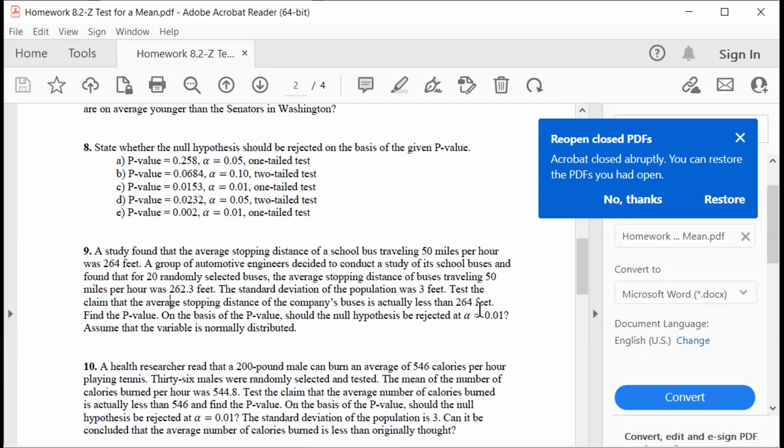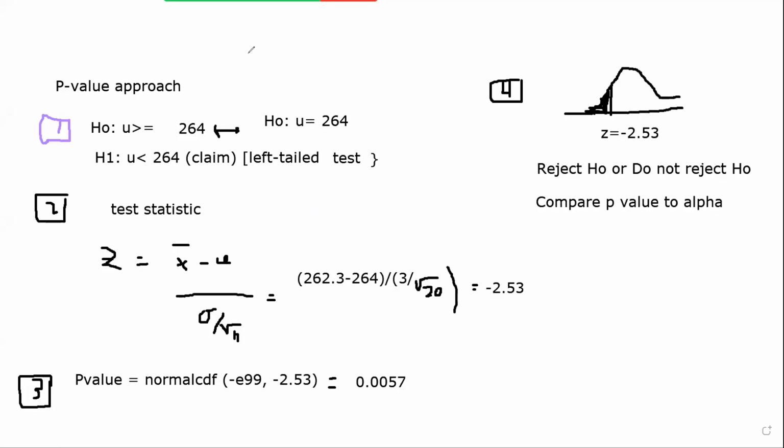This is part of your givens for number 9. So you compare the p-value to alpha, and alpha is always in the question. I'm not shouting, I'm emphasizing. It's stated. It's the significance level that you're looking for. You compare your p-value to alpha, okay?